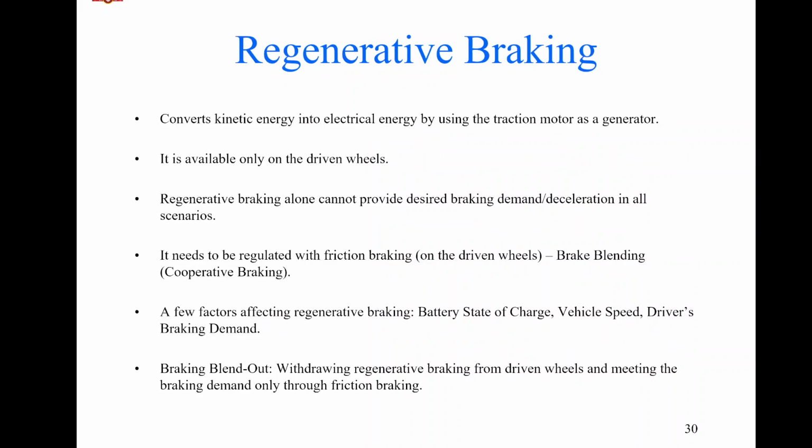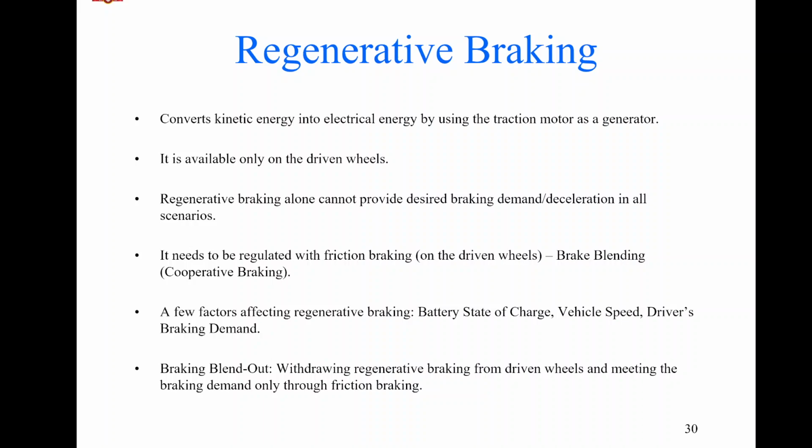But what I would rather like to talk about today is regenerative braking. In regenerative braking, the idea is to convert the kinetic energy of the vehicle into electrical energy by using the traction motor in the vehicle as a generator.